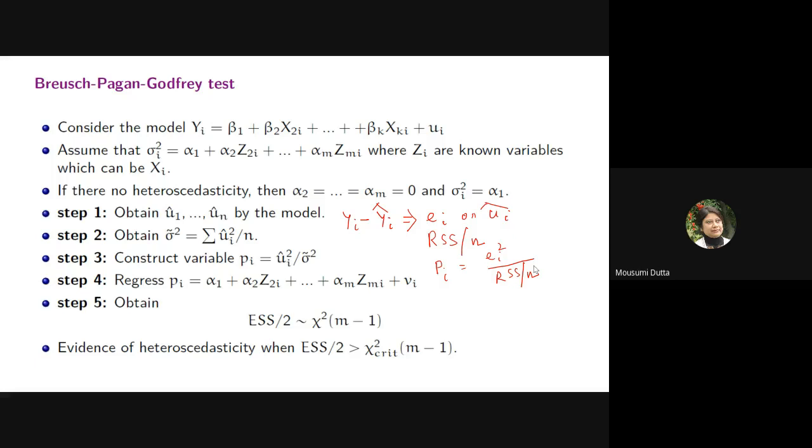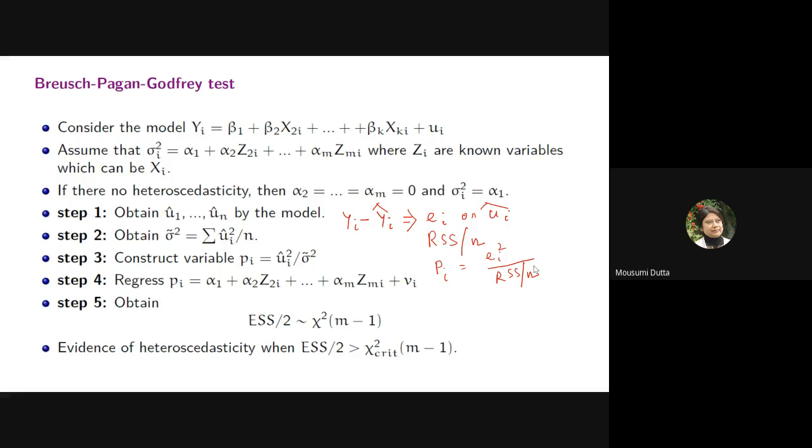So instead of calculating RSS at the last step, when we regress pi on the explanatory variables, this z can be the original xi's, or it can be a set of new variables. It will depend on the particular research problem. From this regression equation, we will calculate ESS, and ESS by 2 follows chi-square distribution.